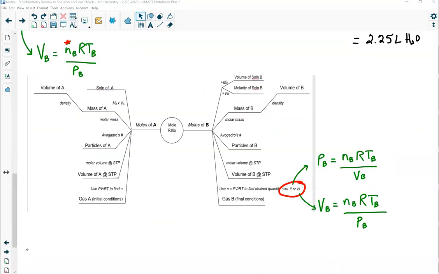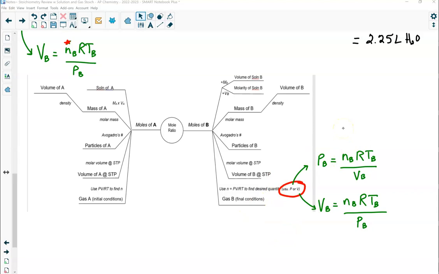So finally, to wrap this up, in that example, we calculated the volume of water vapor. But if you look over here in the little flow chart on the lower right-hand side, you can also use this setup to calculate the pressure of the gas that you want to know the amount of, gas B, under those final conditions.